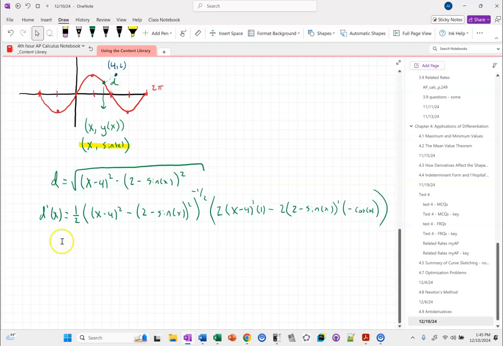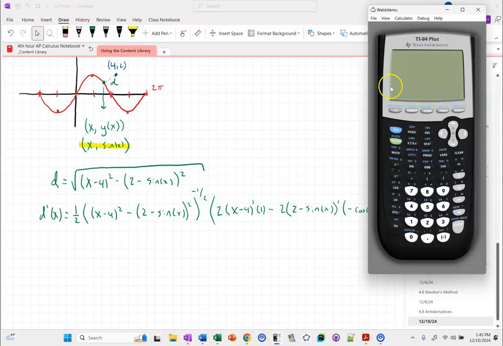But if I'm doing this on my calculator, which is what the problem suggested, I wouldn't bother to do the derivative by hand. I'll just enter the square root of (x minus 4) squared plus (2 minus sine x) squared. So I have my function.